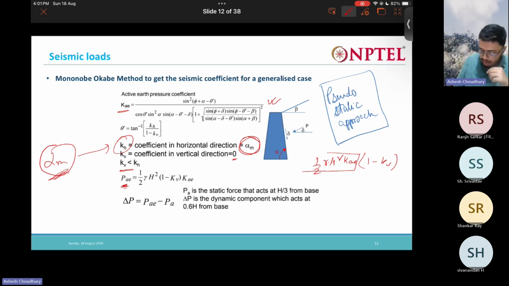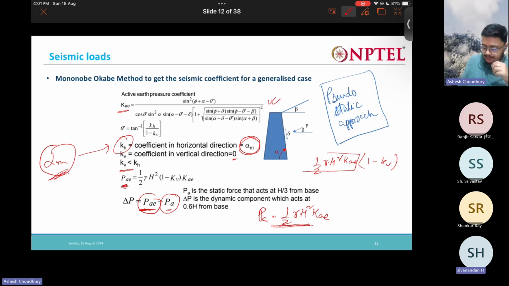Out of that, PA is our static force, which is nothing but half gamma H square KA. This is the static force. And PAE is the force from the earthquake.